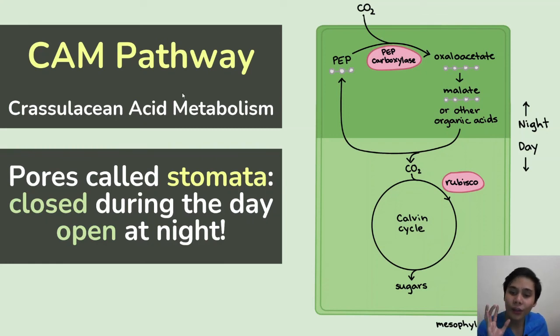So for your desert plants, they have the CAM pathway, or the crassulacean acid metabolism pathway. Complicated term, but basically the concept is that their pores, their stomata, are closed during the day so that they don't release water, but they're open during the night. And it also avoids photorespiration by employing some of the same strategies as the C4 pathway, but this time it's just separated by time instead of separated by different cells.